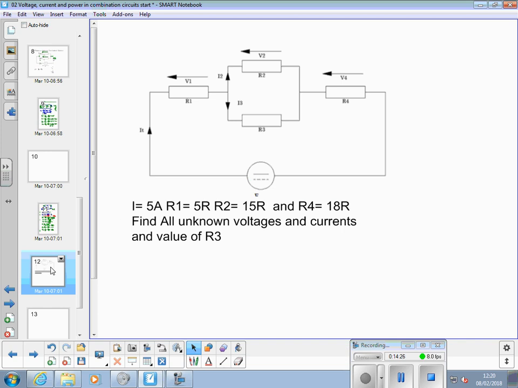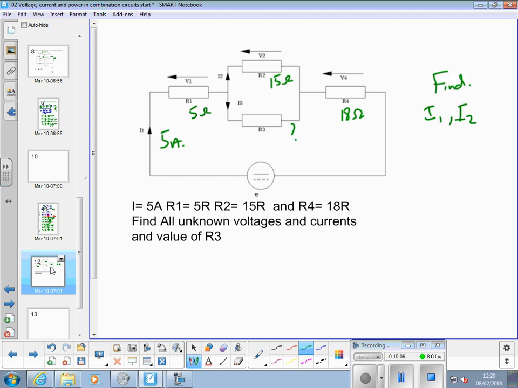So this one, find I2, I3, and R3. Did I find V1?